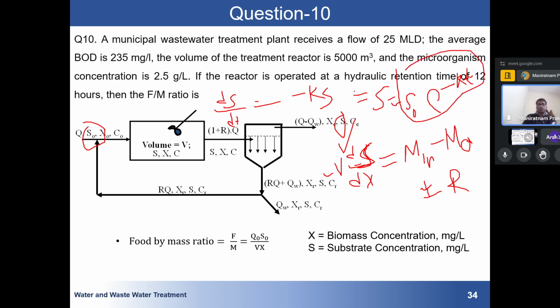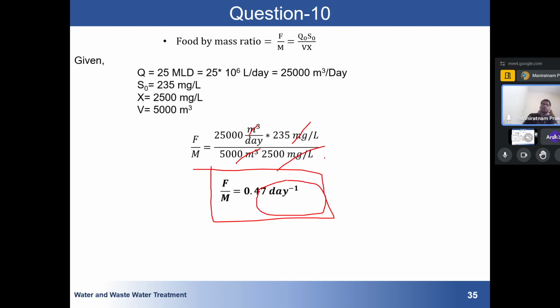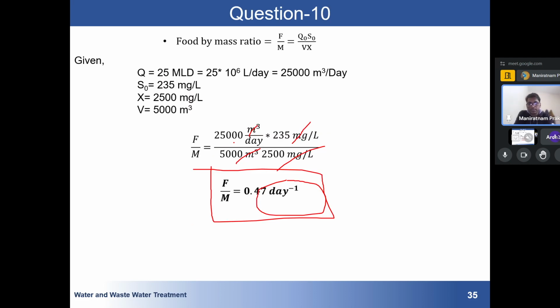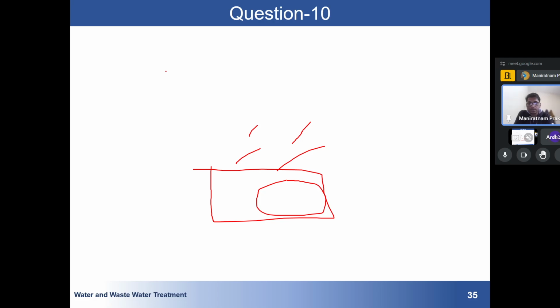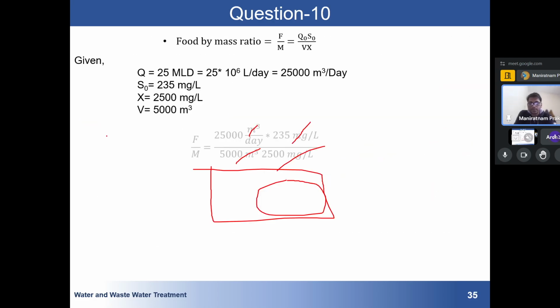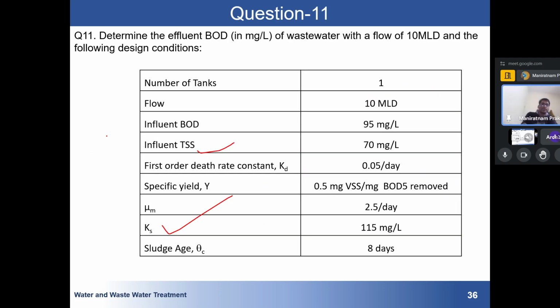I will be putting this value here, and I will rearrange it in our desired form. And remember, there are many terms like this. I have already told you the rate at which the organic matter will degrade, and then there is influent TSS. Influent TSS means the suspended solid is also coming into the system, so you have to consider the effect of all.